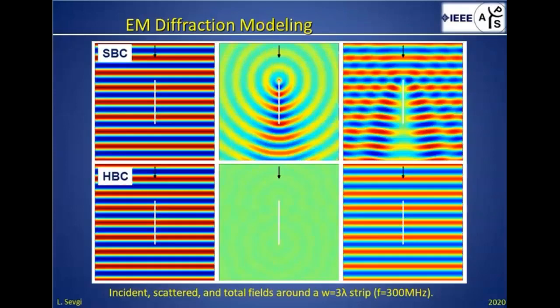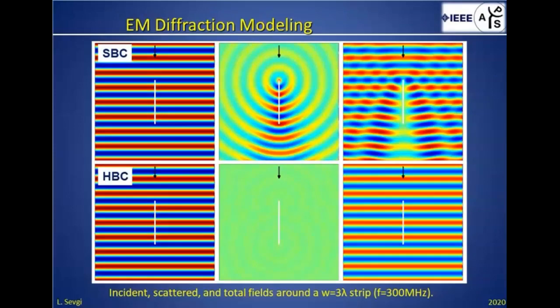If you change the direction of the radar signal, you get this type of illumination. Again, on the left, we have the incident field. In the middle, we have scattered fields, and on the right, the total fields. If you are an RCS engineer, you basically focus on the middle ones, the scattered fields.